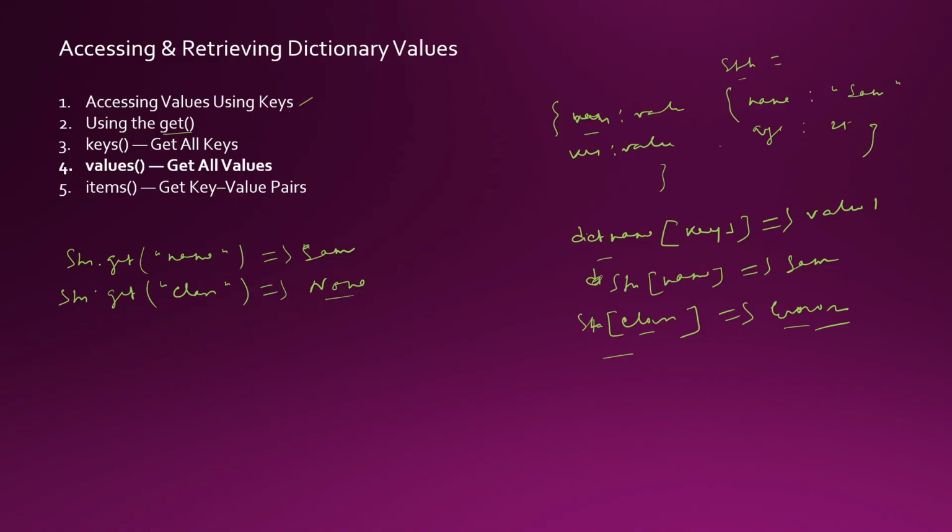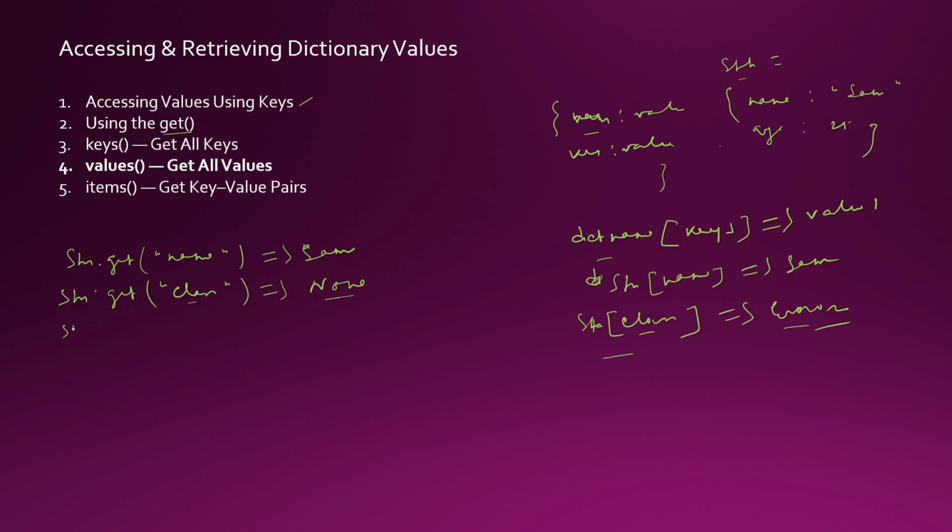There is another very important use case of the get method, that is the default value. Suppose this class is not there in my dictionary, so it is giving output as None. Now I want, instead of showing None, some customized value whenever the output is None.